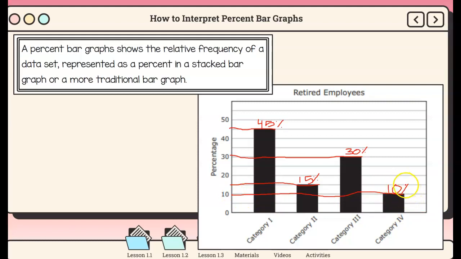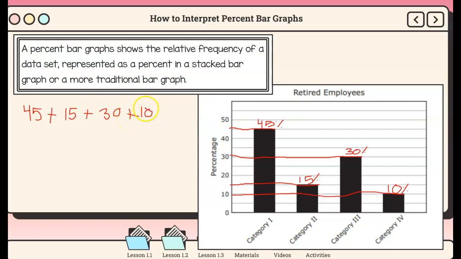All right, so if this bar graph is graphed correctly, these numbers will add up to 100. So get out your calculator and add 45 plus 15 plus 30 plus 10.